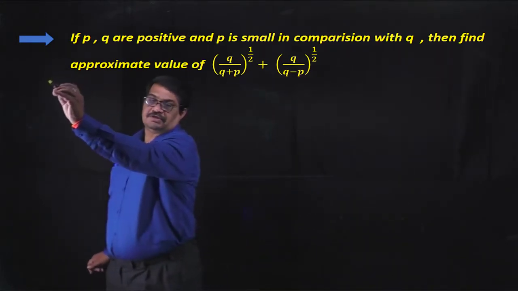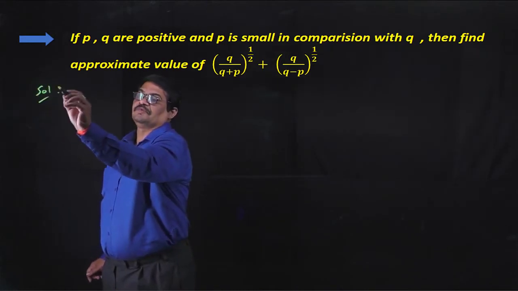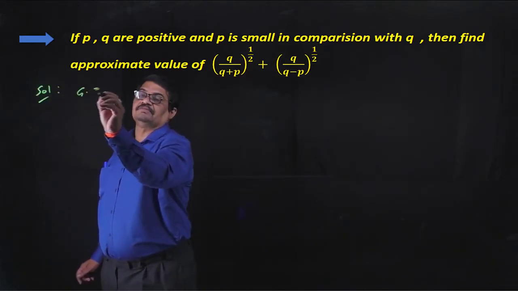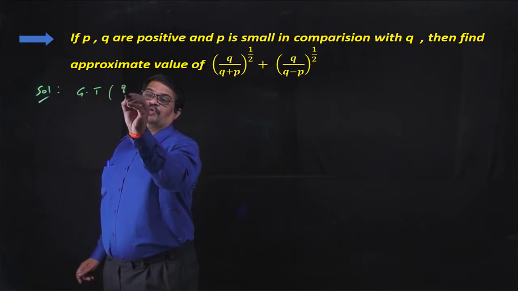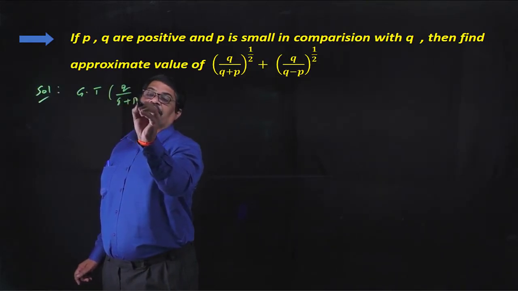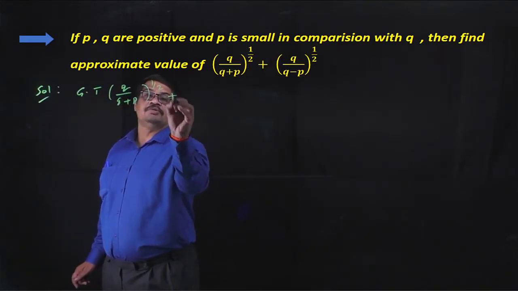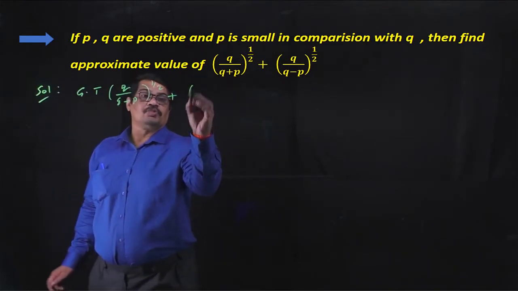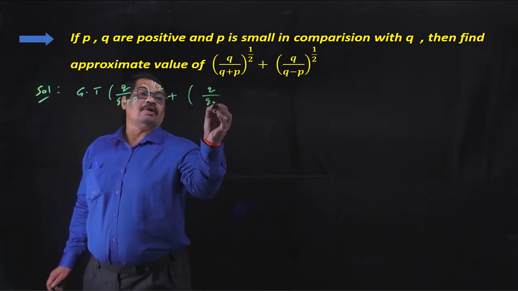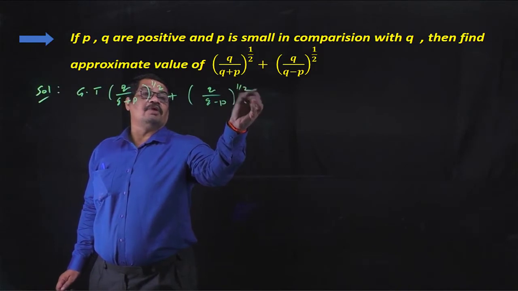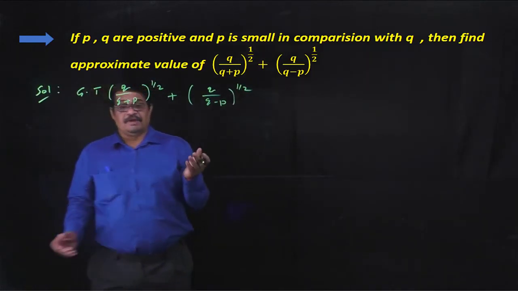Okay, see the solution. What is the given expression? That is q by (q plus p) whole power 1 by 2 plus q by (q minus p) whole power 1 by 2.